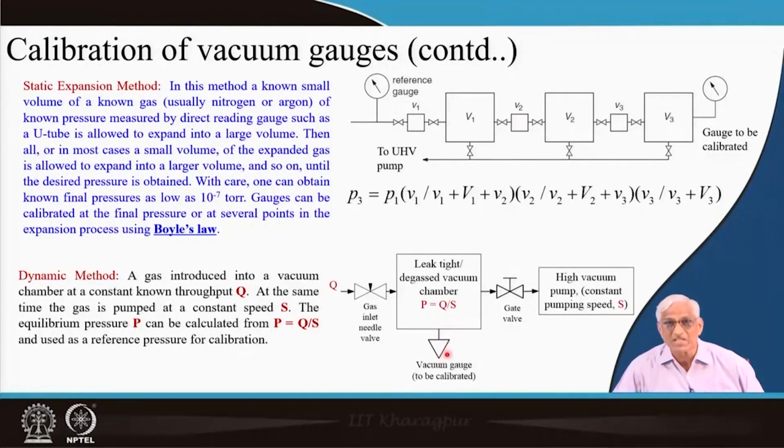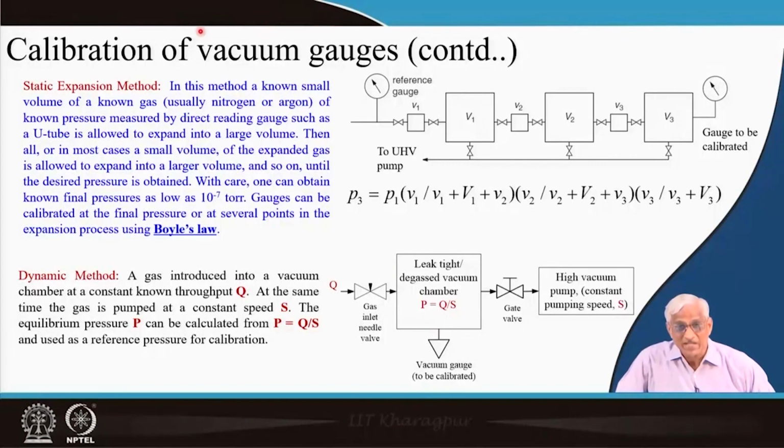At that time, whatever is the reading that we are getting in this ionization gauge or Penning gauge or thermocouple gauge or whatever electronic reading we are getting, that reading is corresponding to this pressure, which is calculated by throughput divided by pumping speed. These pumps should be high vacuum pumps, and if chambers, walls, throughput calculations, everything is done accurately, then the final calculated pressure using this dynamic method, using the fundamental equation of vacuum technology P is equal to Q by S, you can use as a standard for calibration.